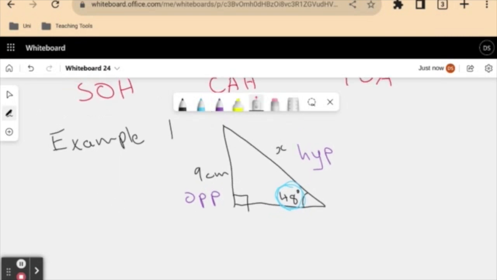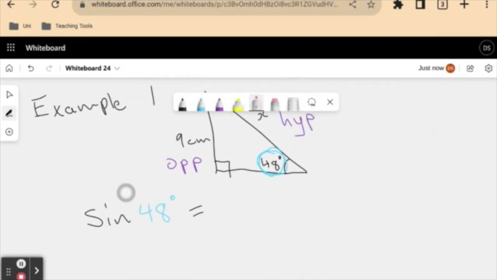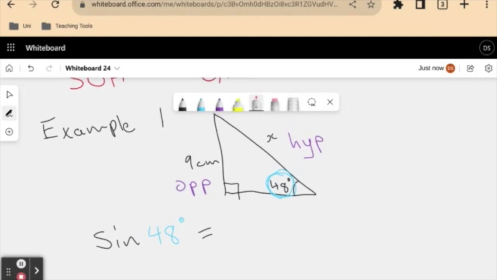But we can say then that the sine of my angle, 48 degrees, is equal to my opposite over my hypotenuse. So I can write this down as 9 centimeters over x centimeters, my unknown. Now, this is just an equation.